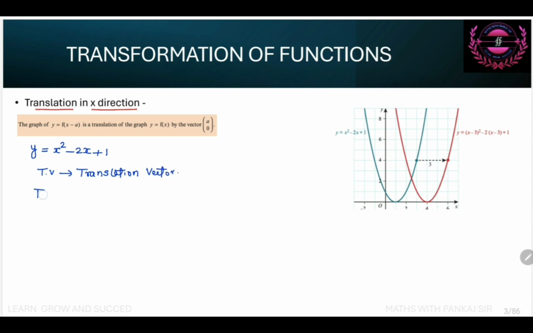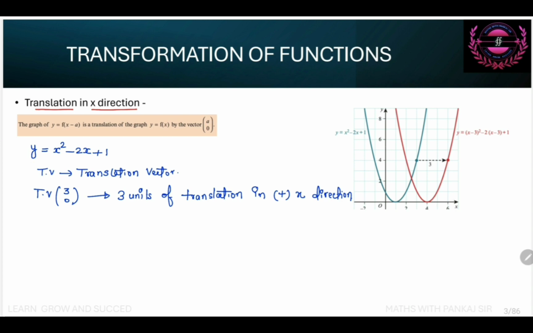So if you are given a translation vector which is, let's say, (3, 0), this signifies 3 units of translation in the positive x direction.